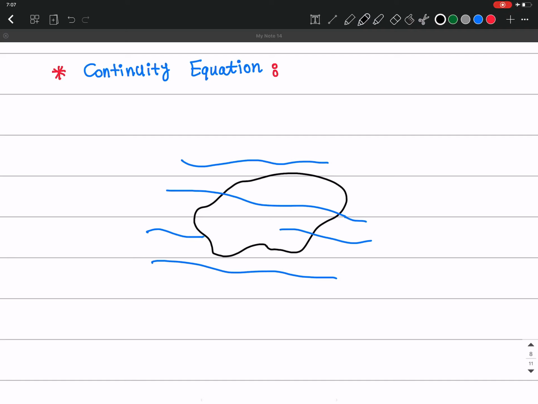Okay, hello again. So in this session, we are going to derive the continuity and momentum conservation equation in integral form. The title of this section is Continuity Equation in Integral Form.